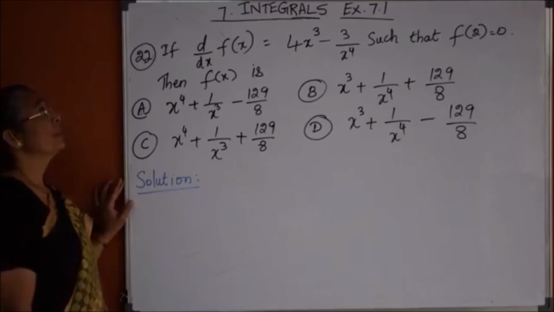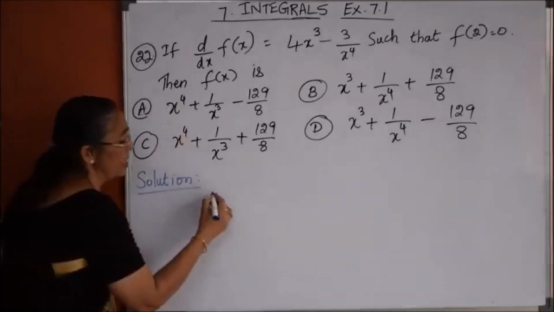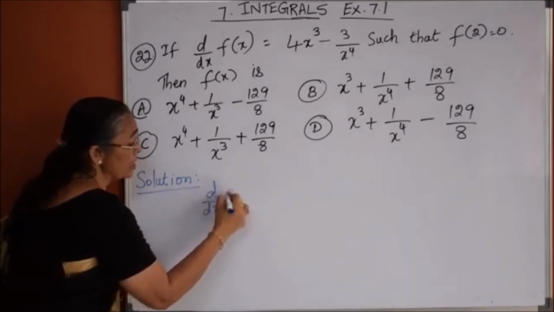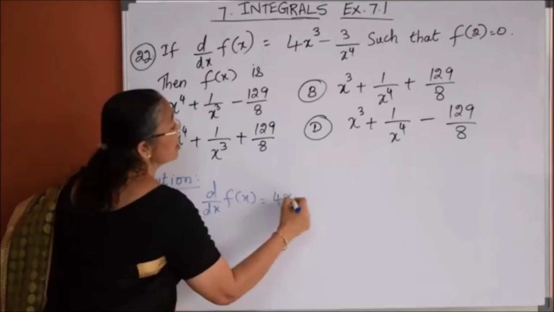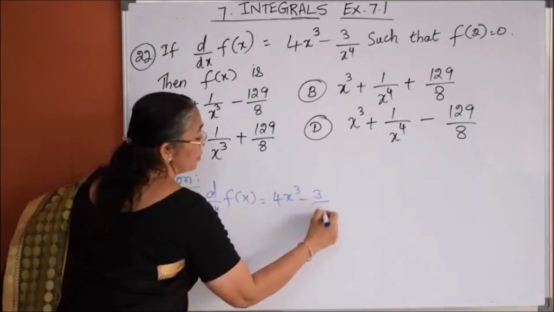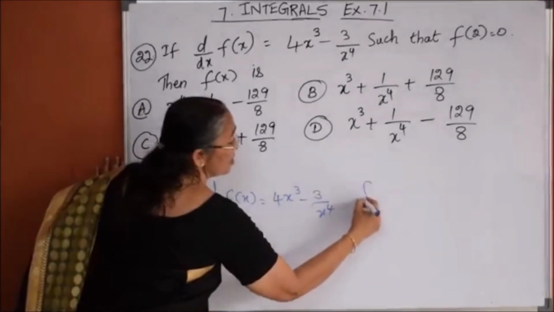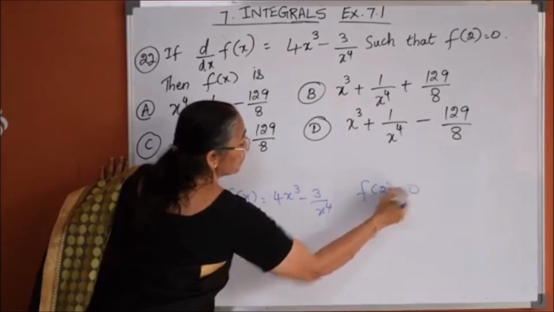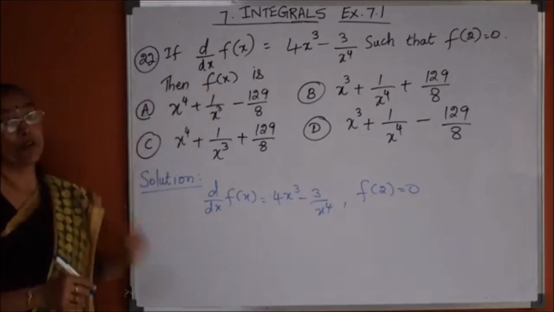Now, here the question is, if differentiation of f of x, that is d by dx of f of x, is given as 4x cube minus 3 by x power 4, such that f of 2 is given as 0, and we have to find out the function f of x.